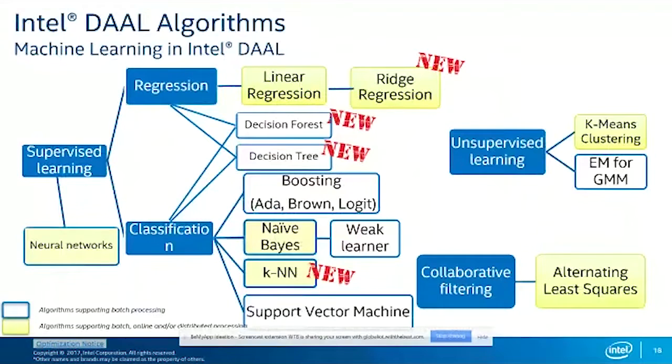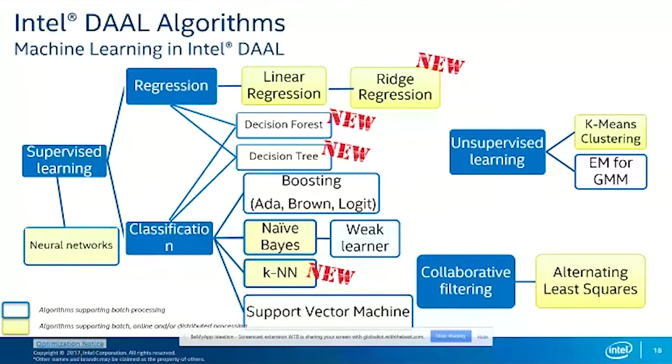Another part offered in DAAL is focused on machine learning. If you're looking at machine learning code, this library provides supervised learning algorithms and unsupervised machine learning algorithms. In the supervised part, it provides classical machine learning algorithms like linear regression, decision forests, and decision trees.